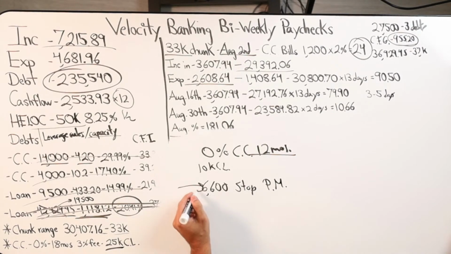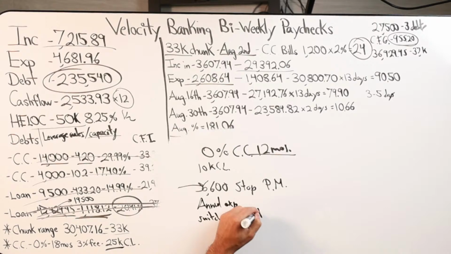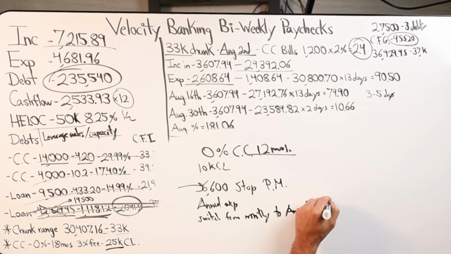And because you ran 6,600 of, say, annual expenses would be first. And then any bill that I can switch from monthly to annual, because that actually saves money.